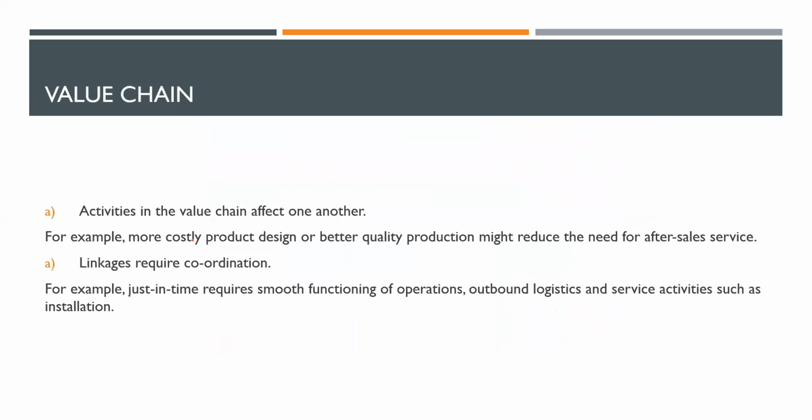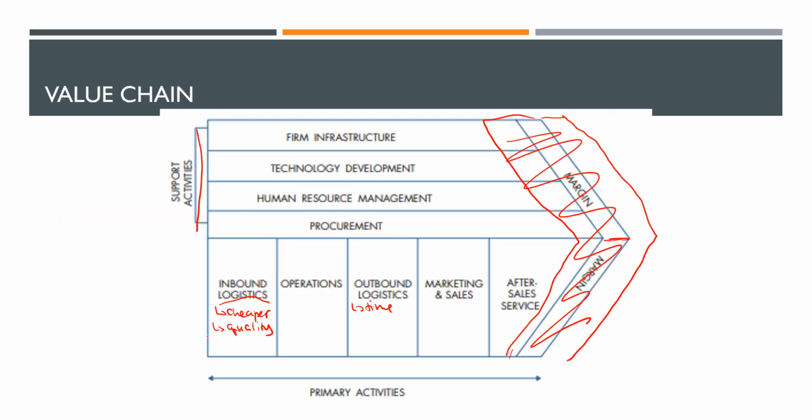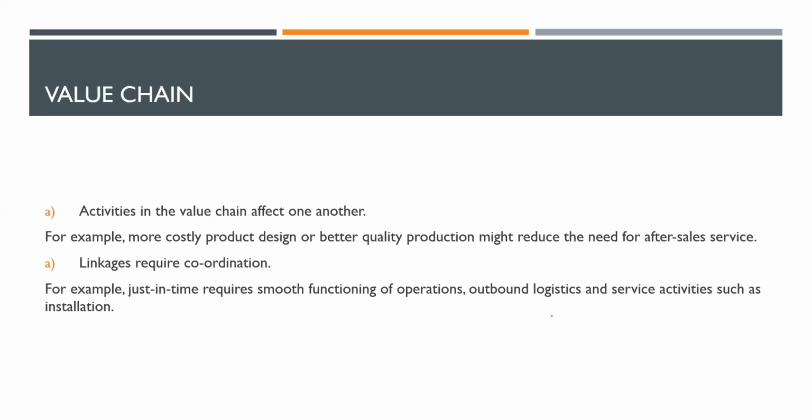So value chain acknowledges that activities affect one another. For example, if we source materials at a better quality, then maybe we will have fewer problems with after-sales service, because we will just have fewer returns. And these linkages require coordination.